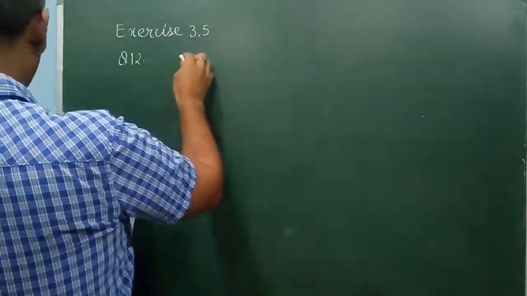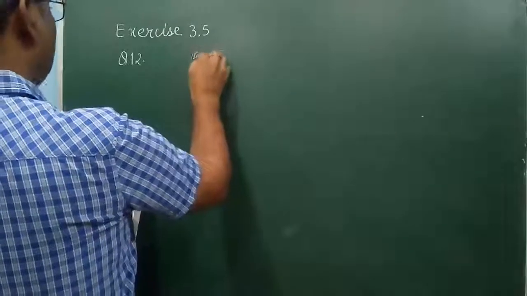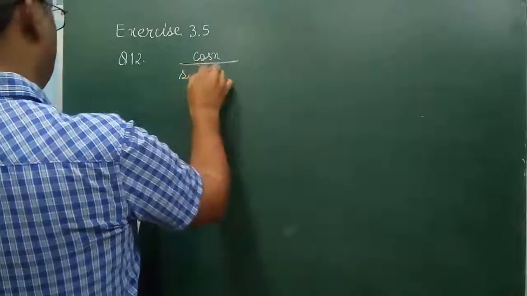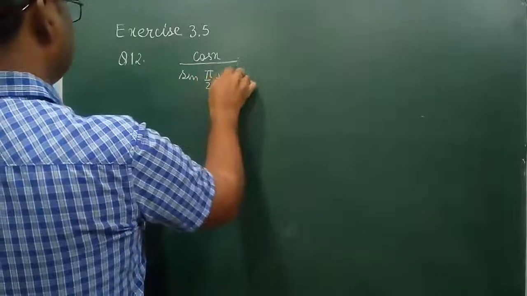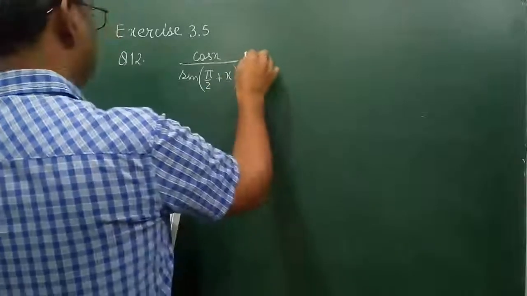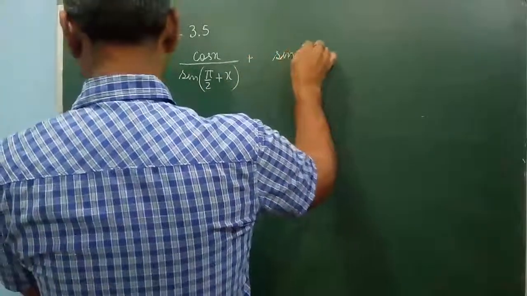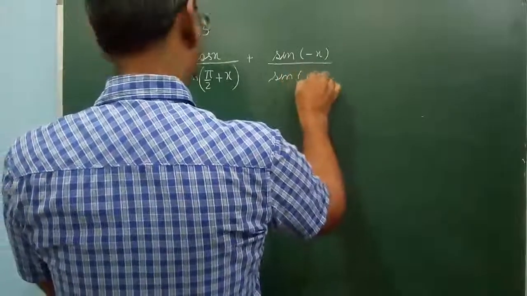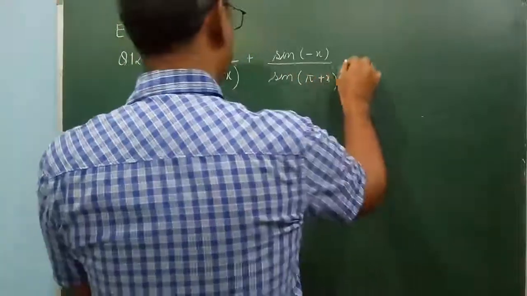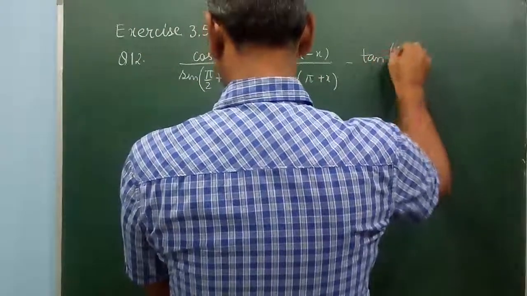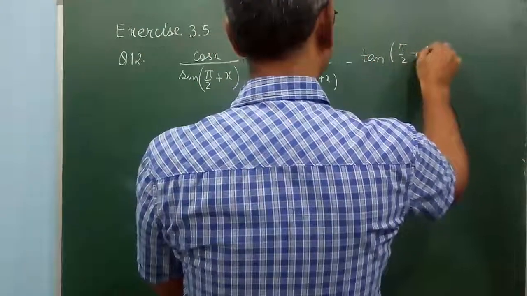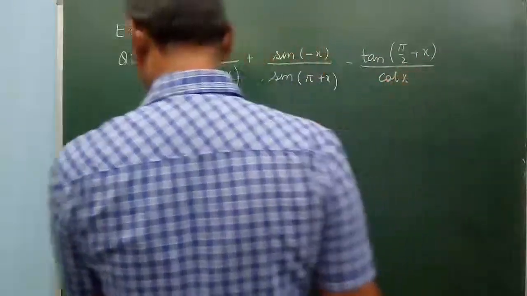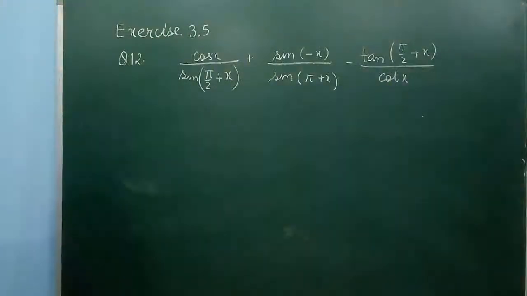Given that, simplify the following: cos x upon sin(pi by 2 plus x) plus sin(minus x) upon sin(pi plus x) minus tan(pi by 2 plus x) upon cot x. We have to simplify it.